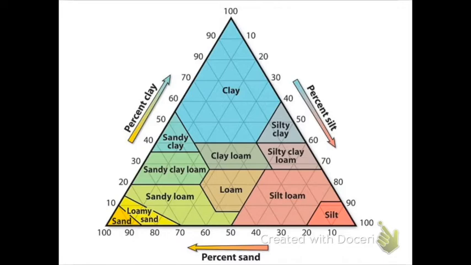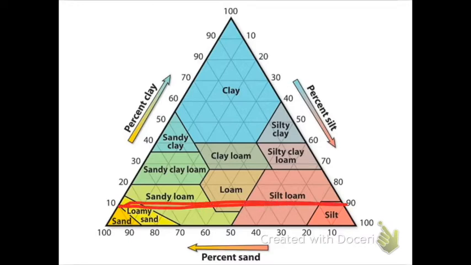Let's start with clay. You can see that clay is at the top of the triangle, and that says 100%. If you look over to the left side, you can see the percent of clay increases as it goes from 10 at the bottom all the way up to 100 at the apex of the triangle. Let me demonstrate what these lines look like on the triangle.